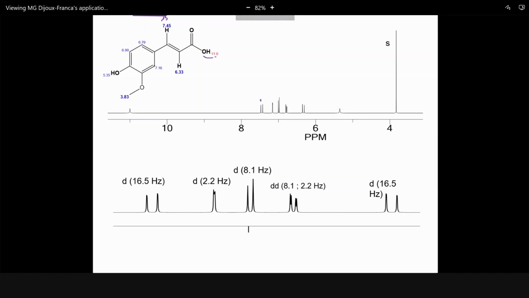You have here the 3 protons and the other chemical groups. And these values also are theoretical values, and as you could see, quite close to what we have observed.